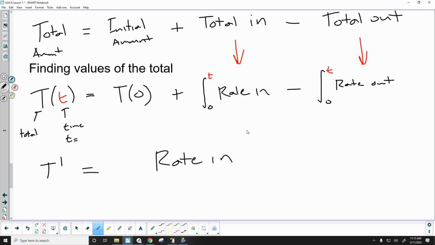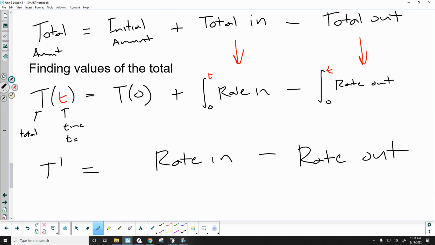The minus stays. The derivative and the antiderivative cancel each other out. What do I have? My velocity out. If I have two velocities, one going in, one going out, combine them by subtracting them. And that's your velocity that you can graph.